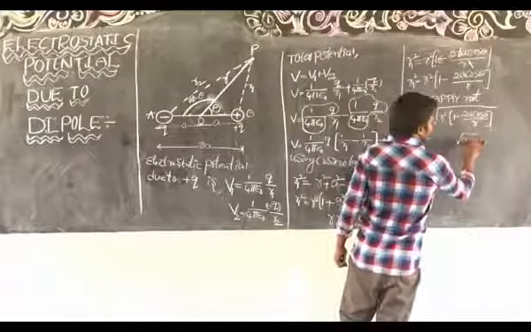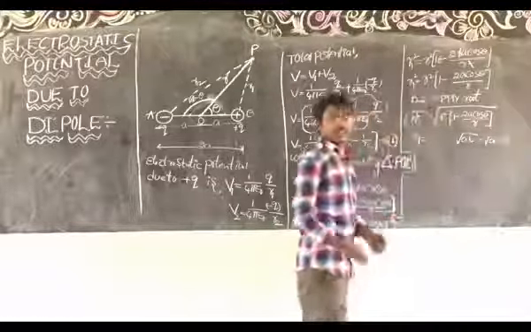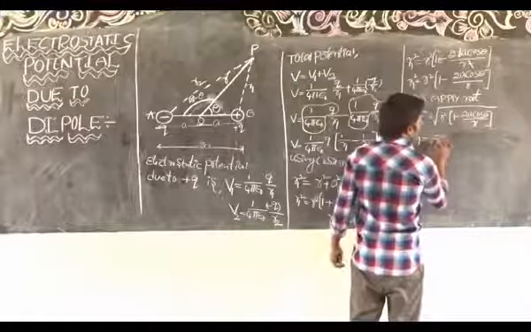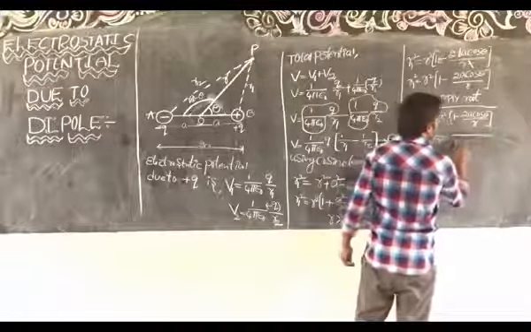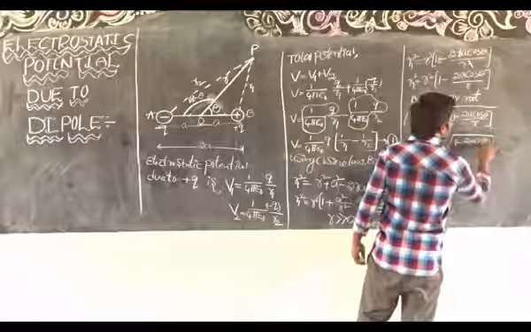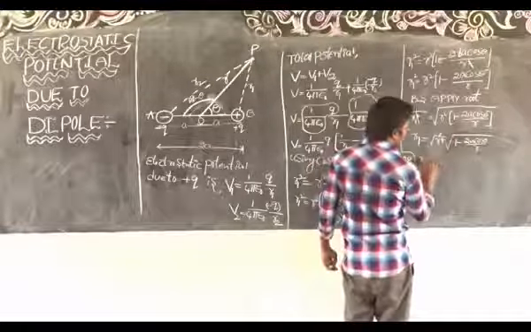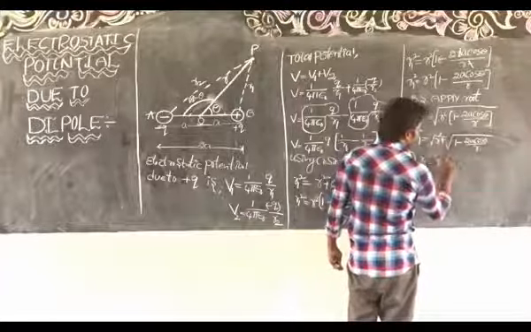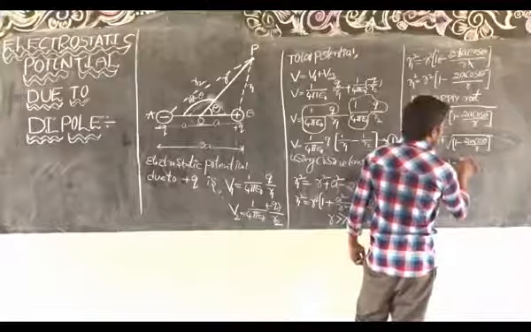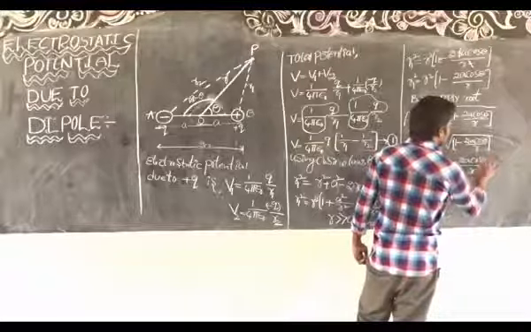Under root ab we can write root a into root b. So I write root r square into root of 1 minus 2a cos theta by r. Now r1 is equal to r into the square root of 1 minus 2a cos theta by r.